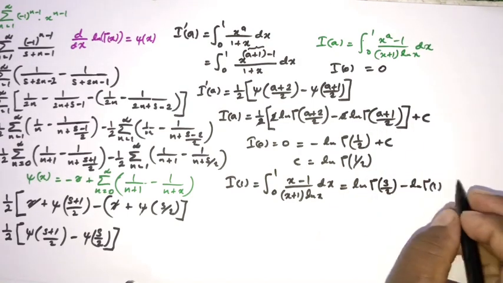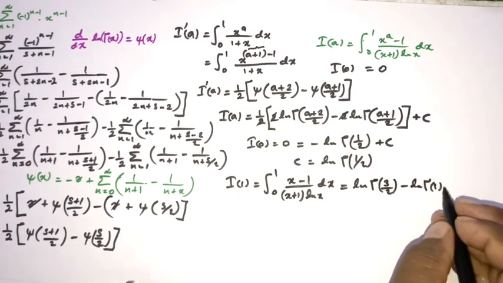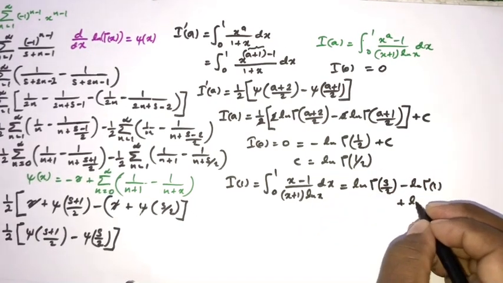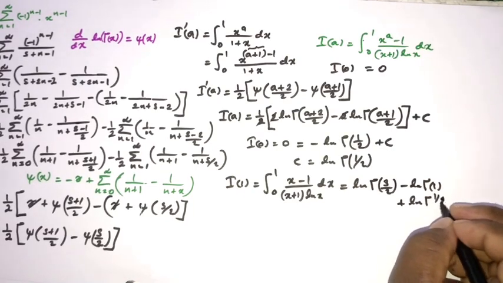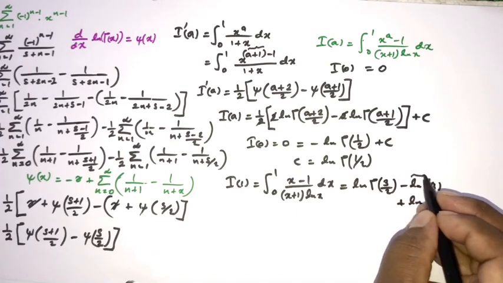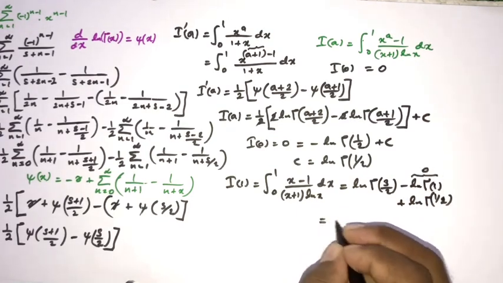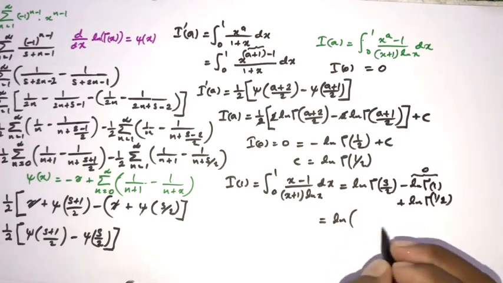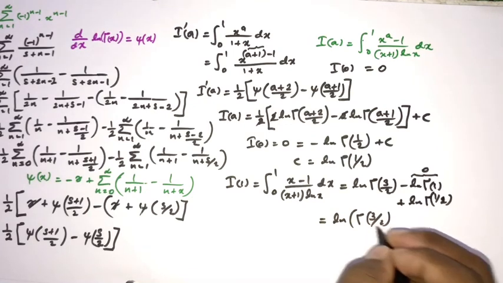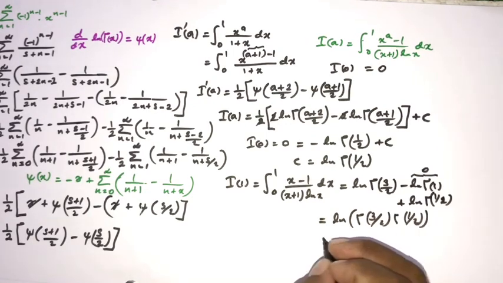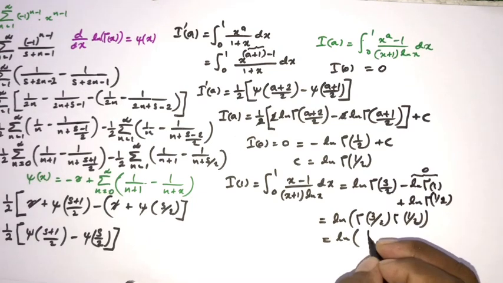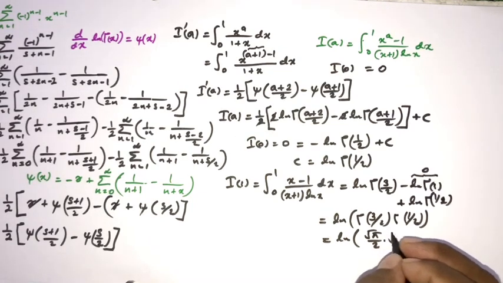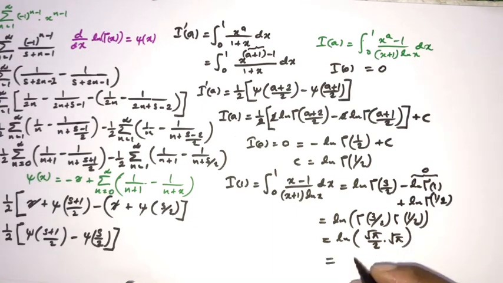Okay, plus c, we know natural log of gamma of 1 half. According to the property of natural log, we can write gamma of 3 over 2 times gamma of 1 half. Now gamma of 3 over 2 we know is square root of pi over 2, gamma of 1 half we know is square root of pi, so we have natural log of pi over 2. Okay, this is the answer for this integral.